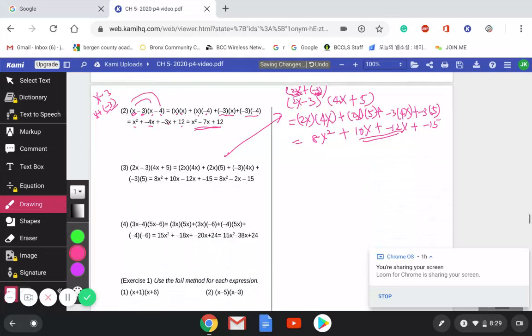So you end up with 8x squared plus negative 2x plus negative 15. But plus negative is the same as minus. So you end up with this, which is this.